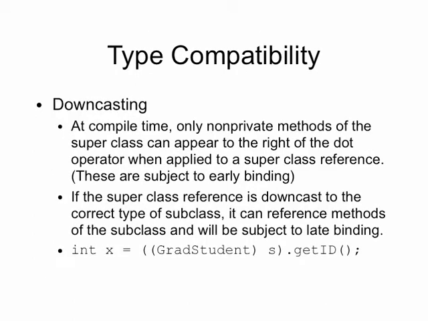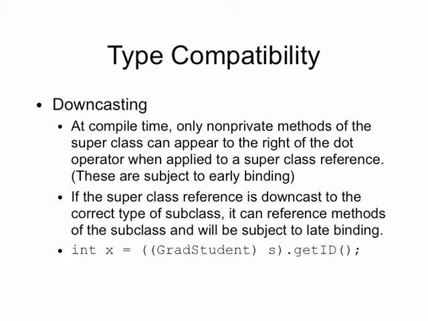Type compatibility: if you want to reference a method that is a method in a derived class, but you want to reference it with a superclass reference. Take a look at page 140. At page 140, we're going to get a compile time error if we try to reference int x equals s dot getID, because the getID method does not exist in the student class, it will result in an error.